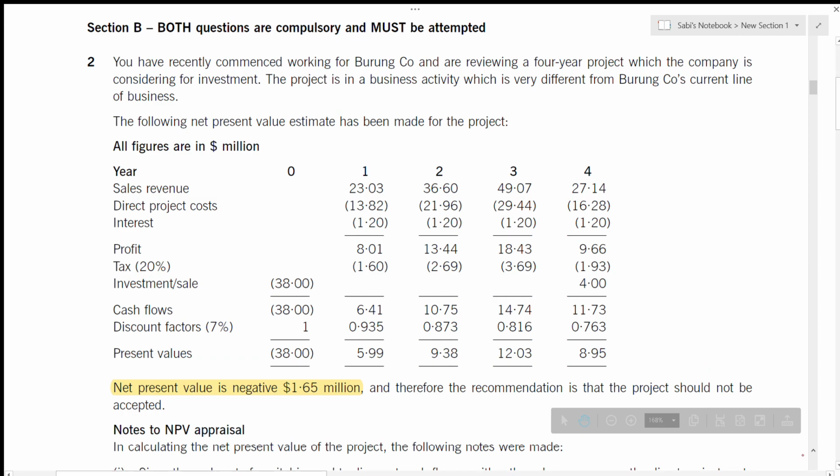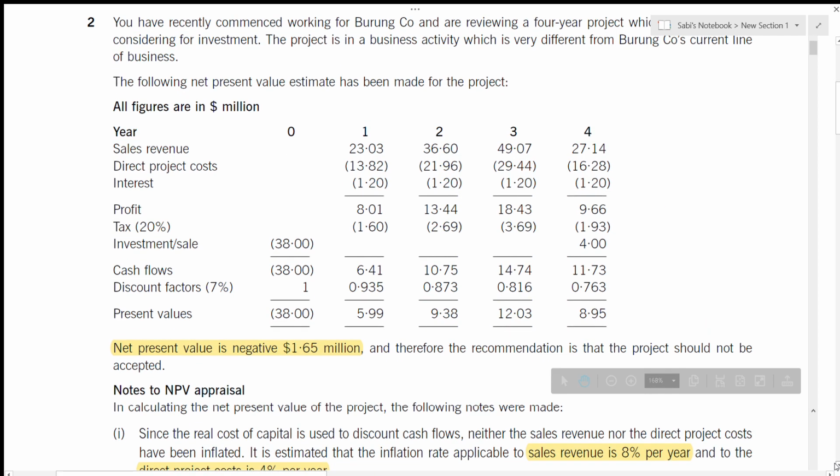So the following net present value estimate has been made for the project. All figures are in $million. So you have been given the sales revenue, the cost, the interest, the profit, the tax, the initial investment, which is 38 million. Cash flows and discount factor at 7%, and then the present value, right?